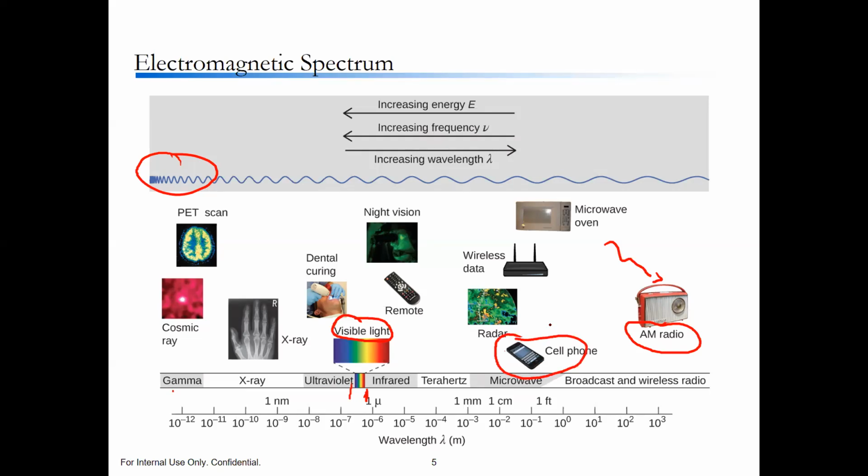You got your cell phone. Look at your wireless. Some of you have like a router at home, right? That's how you guys are connected. So if you guys are taking an exam online and you're using your Wi-Fi connection, should you have your microwave oven on?